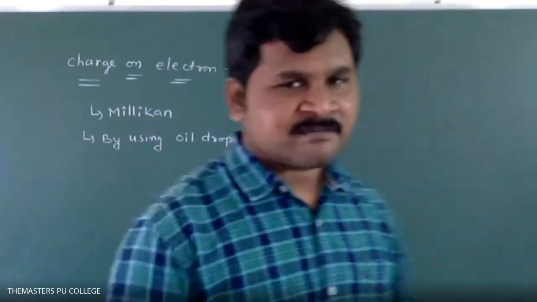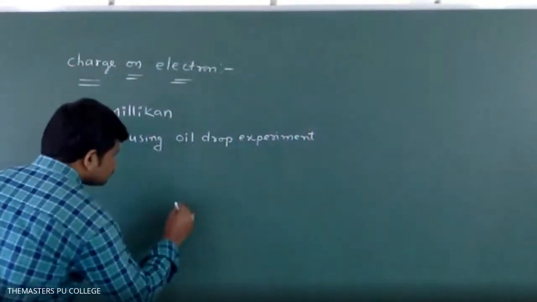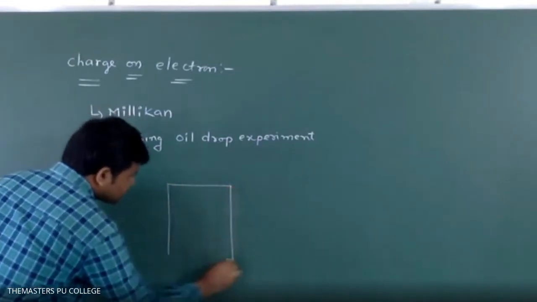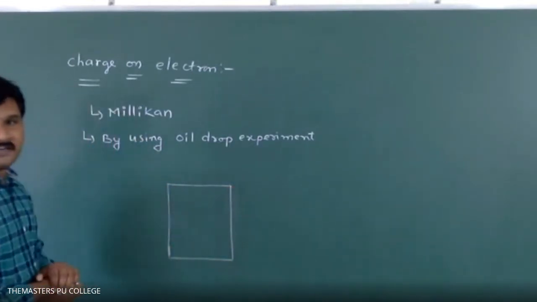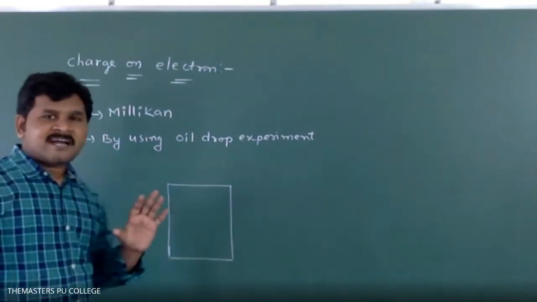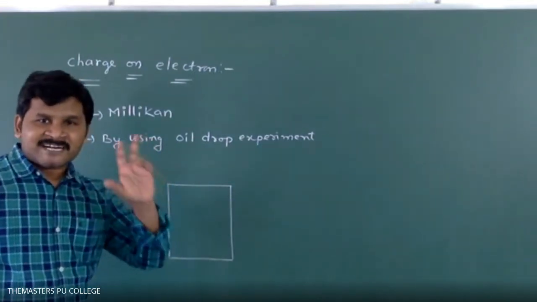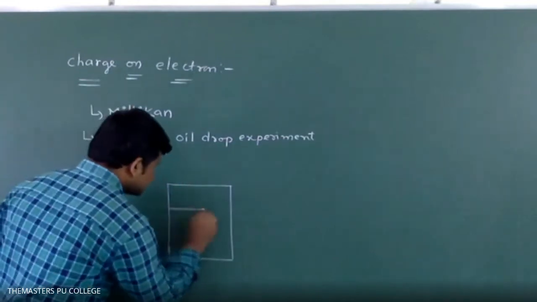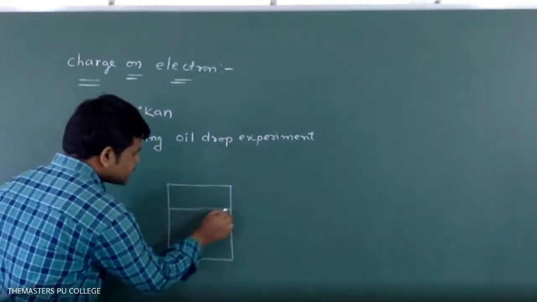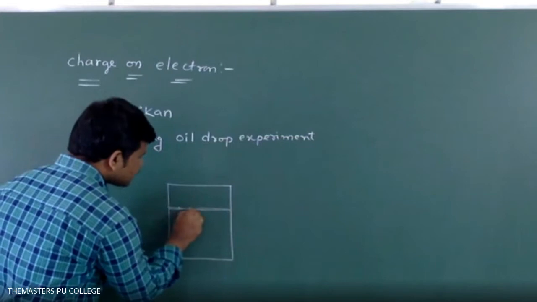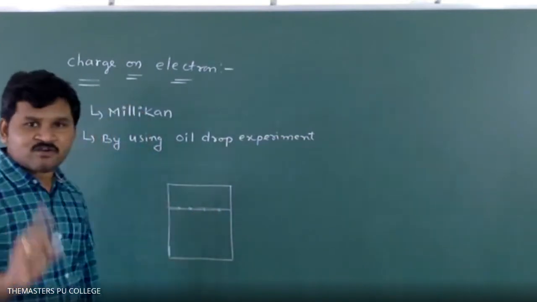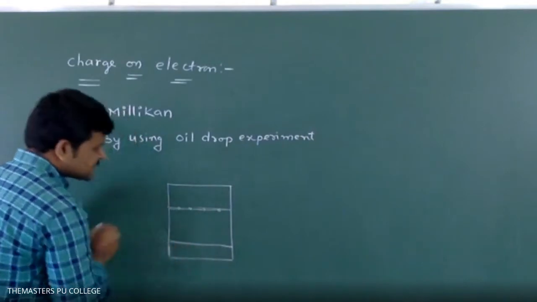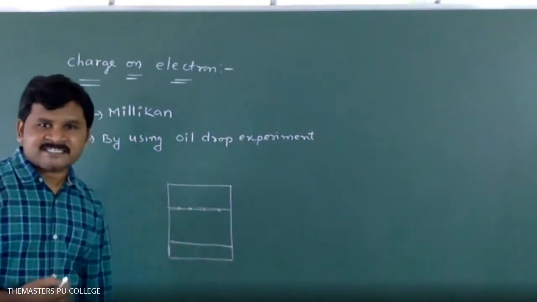Please observe the schematic representation of the oil drop experiment. We take one container, which contains two plates. This is the upper plate, which has small holes. Next, one more plate is present, the down plate.